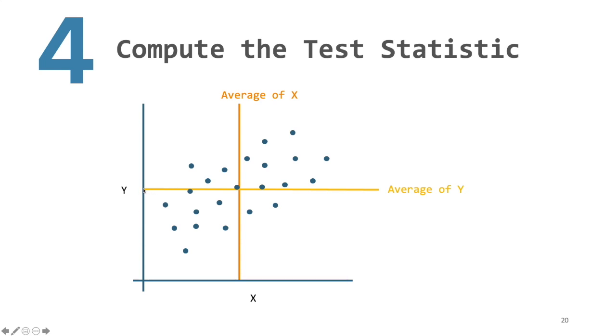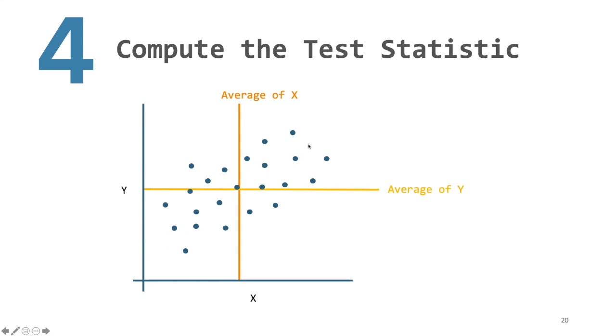Same goes for y. Anything above here would be positive. Anything below here is negative. In this situation, we have a positive relationship between x and y. If you drew the best fitting line between all these points, it would look something like this.